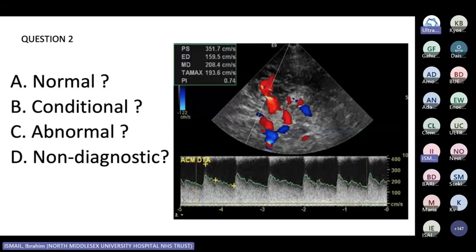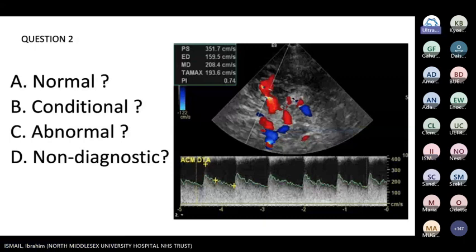Let's post another poll. Edwin, is it too late to put another poll here? Do you want me to create another poll? Yeah, for the same case, I'd like to know which artery our viewers and participants think that we are interrogating, and after which, if it's normal, conditional, abnormal, or non-diagnostic.